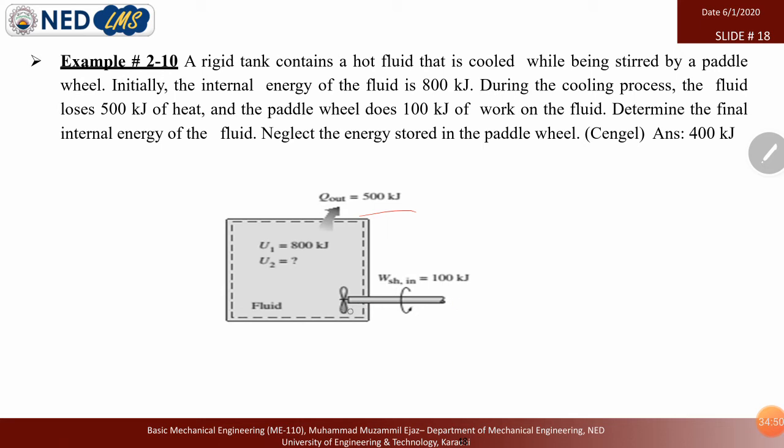The paddle applies 100 kilojoules of work, and it loses 500 kilojoules from the system to the surroundings. By stirring it will lose its temperature, and due to the temperature, internal energy is decreasing. The paddle wheel does 100 kilojoules of work on the fluid. Determine the final internal energy of the fluid. Neglect the energy stored in the paddle wheel.